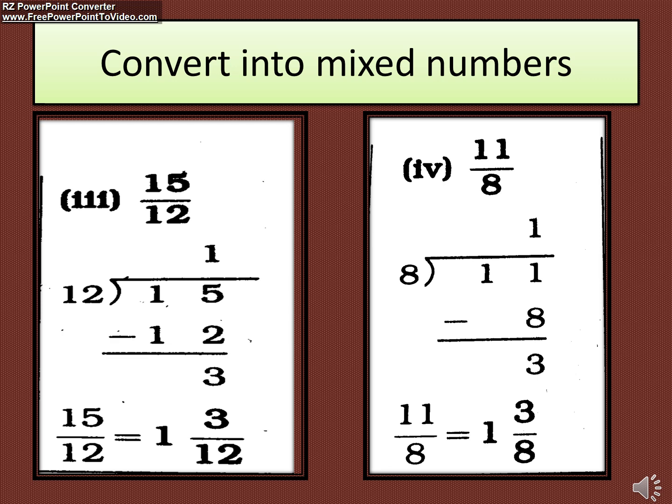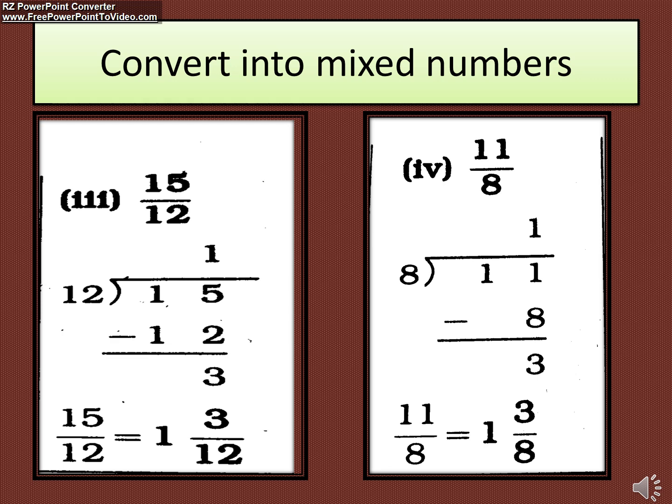3. And what will be our quotient? Our quotient will be 1, that is 12 ones are 12. Yes or no? Okay. Now, what we have studied? We have studied QRD. Quotient is 1, so whole number will become 1.